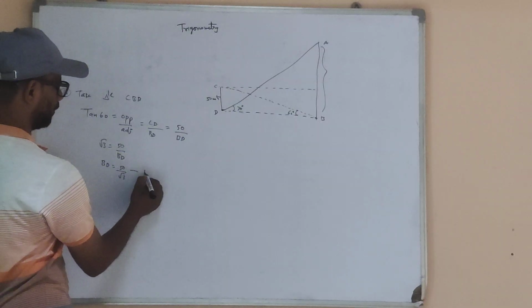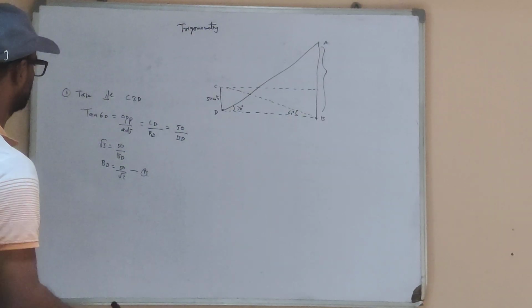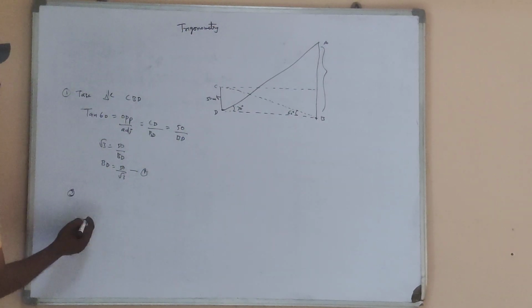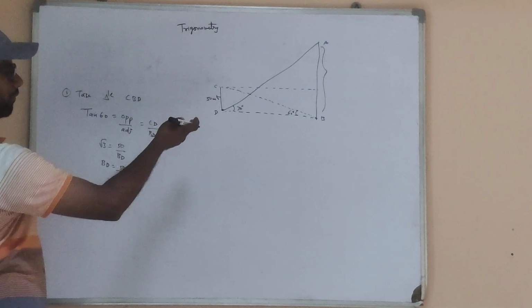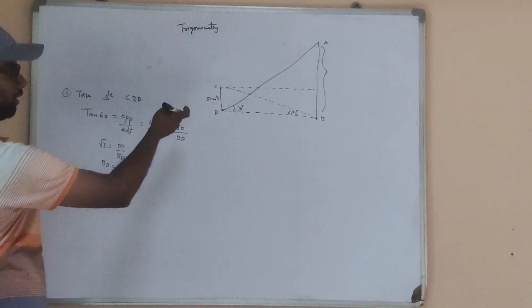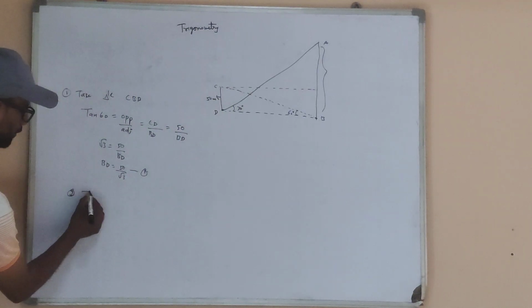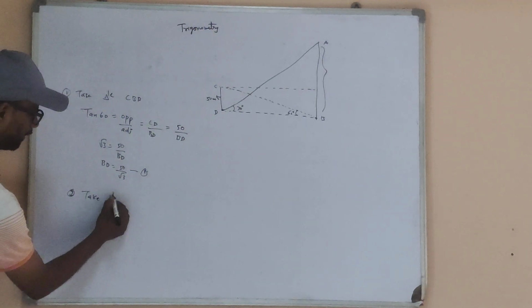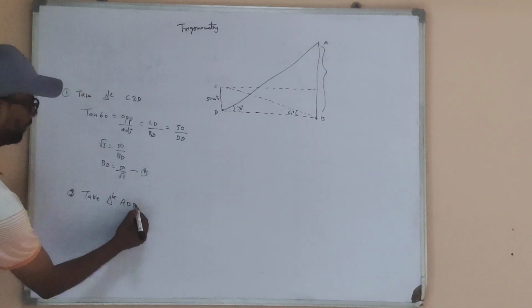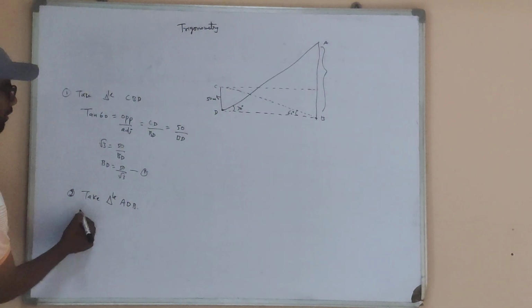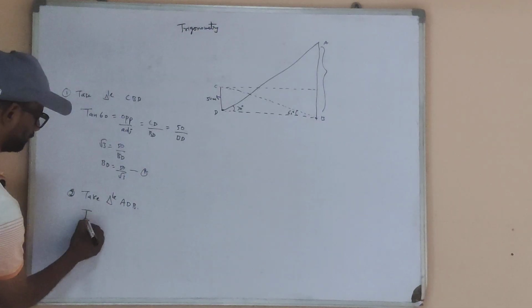So this is equation number 1. Now second point. Take triangle ADB. Okay, here what is the angle? 30 degrees.